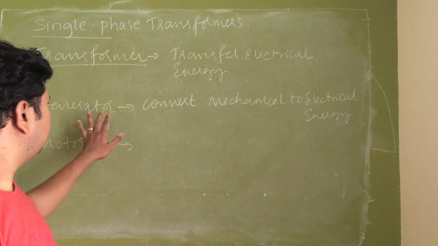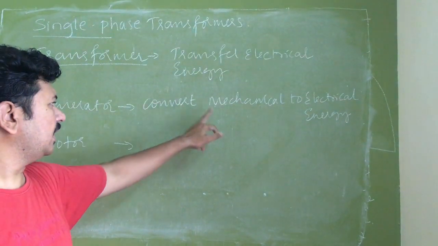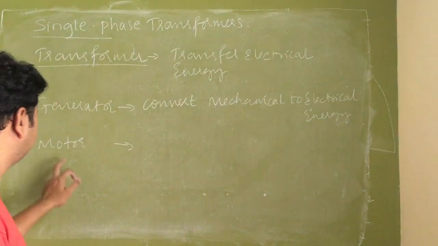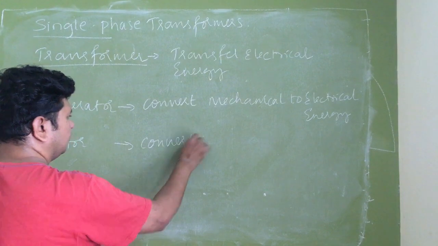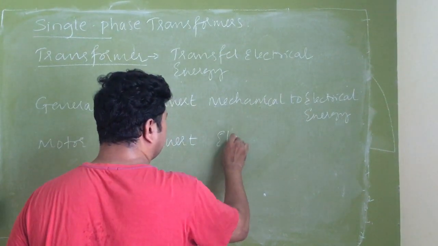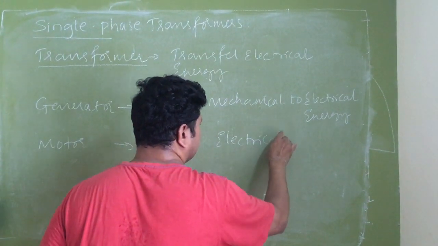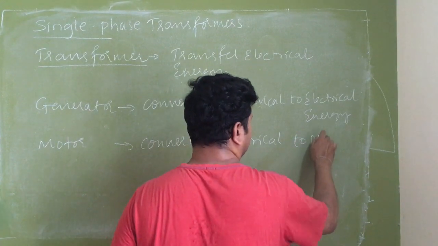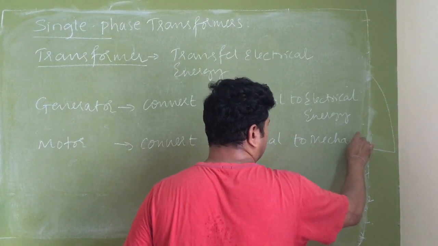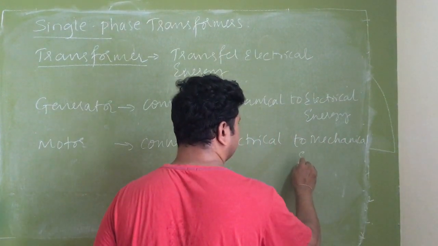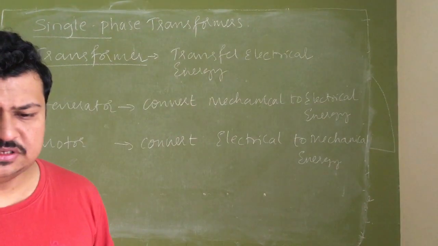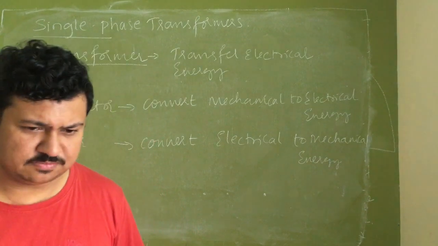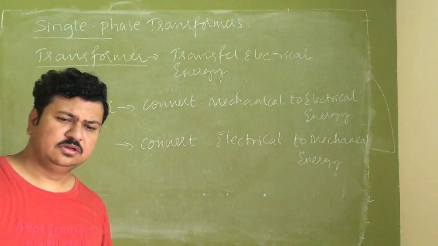So generators will convert mechanical energy to electrical energy, whereas a motor converts electrical energy to mechanical energy. Very simple examples: our fans, water lifting pumps, our mixer grinders.